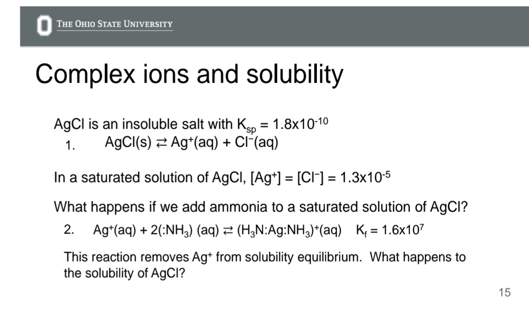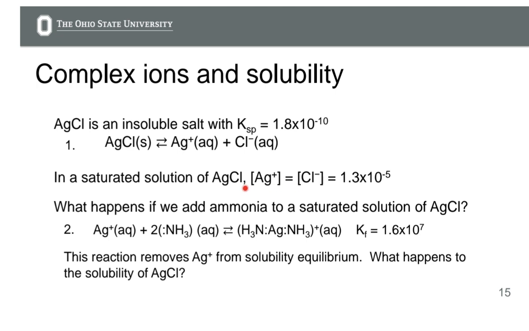So I have said already that complex ions are going to affect the solubility. So here's a nice example with silver chloride. This is the completely written out version that I alluded to before. If we look at the solubility of silver chloride in water, it has a Ksp of 1 times 10 to the minus 10.